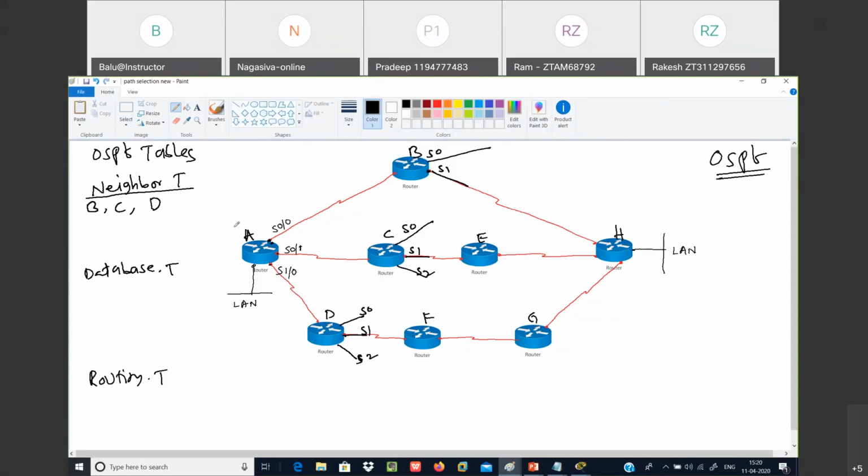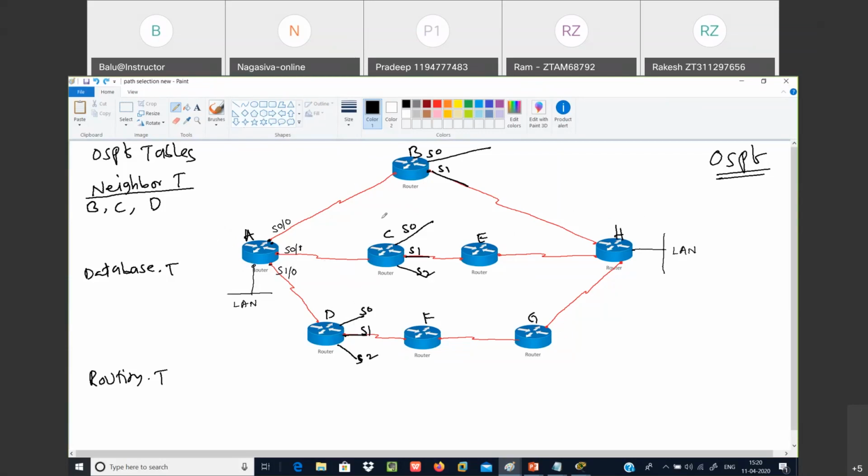Now what A is doing is, A router always depends upon neighbor routers to reach the H router, to reach E router, F router, G router, branch office 3, branch office 4. Like any branches, A router depends upon neighbor routers only.